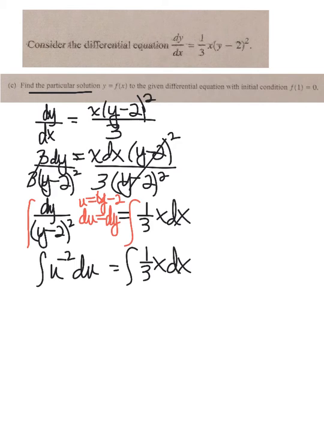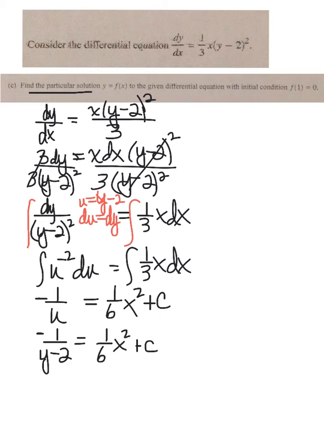Okay, so on the left-hand side, I'm going to get negative u to the negative first, which is negative 1 over u, equals, and then on the right-hand side, I'm going to get x squared. Now technically divided by 2, but I already have a 1/3 there, so that's going to make that 1/6 plus c.